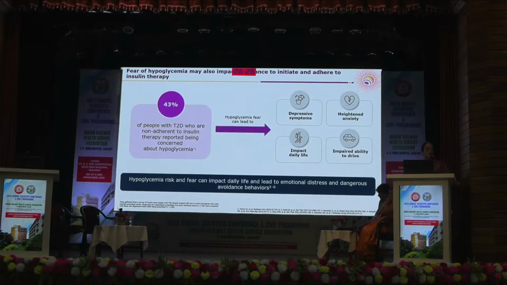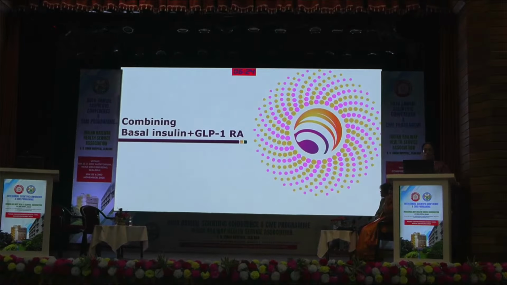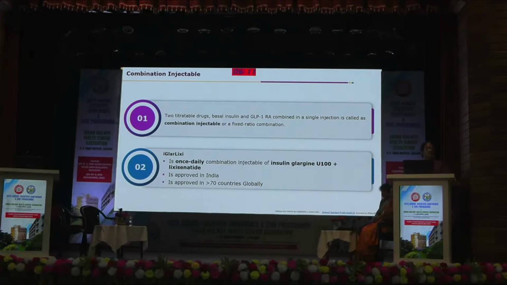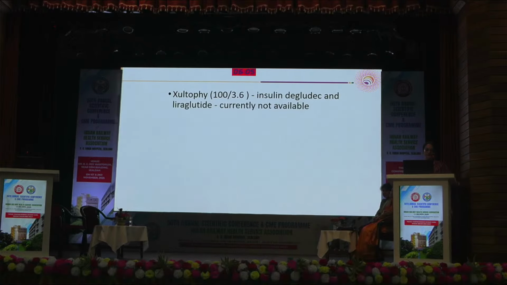GLP-1 receptor agonist with insulin. Combining basal insulin with a GLP-1 receptor agonist, we had two in the market. Xultophy, which was marketed by Novo, has been called off, but the only one available is Soliqua, which is lixisenatide with glargine U100, approved in India and 70 other countries.